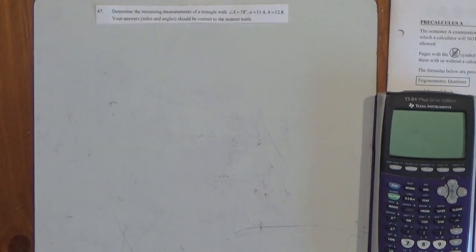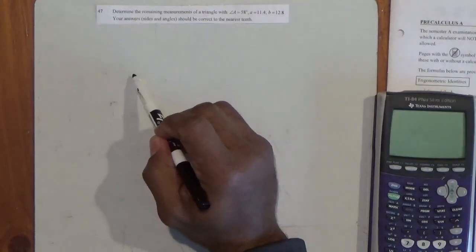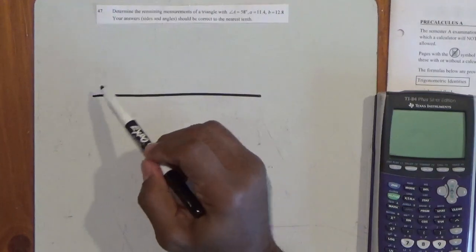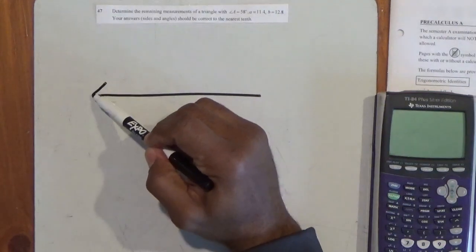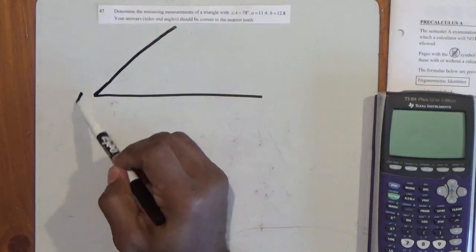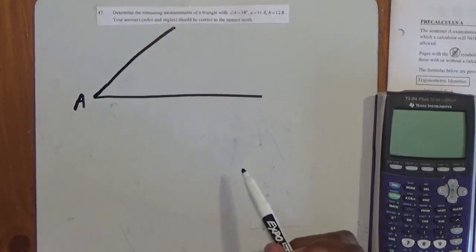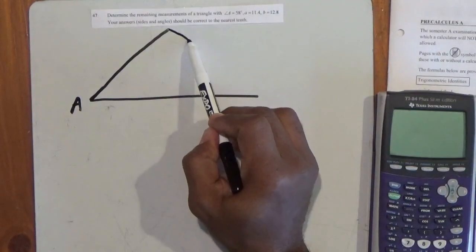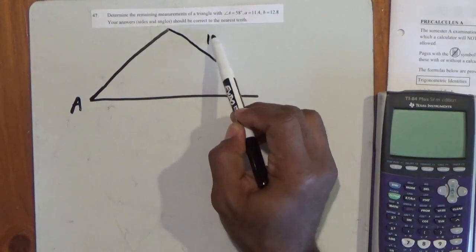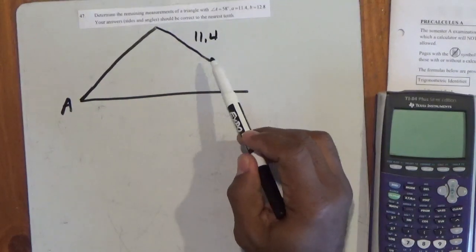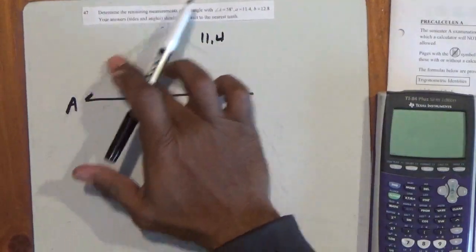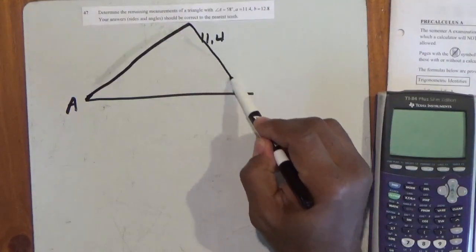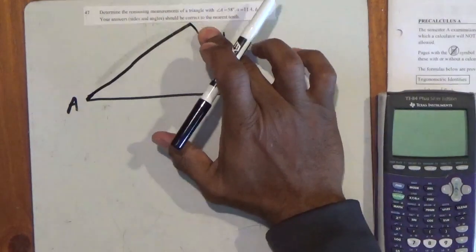Alright, so let's draw this. Let's get a good picture of this, because we're going to slice it up probably. We'll say that's A, which means side A is 11.4.